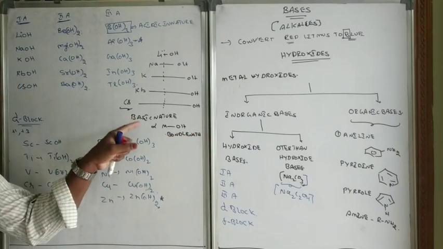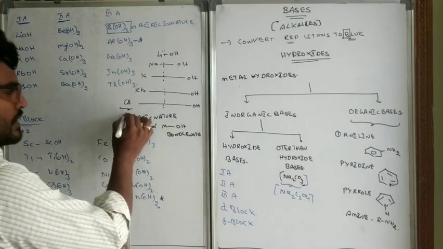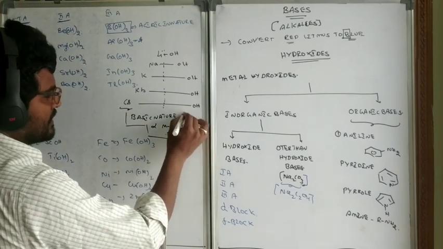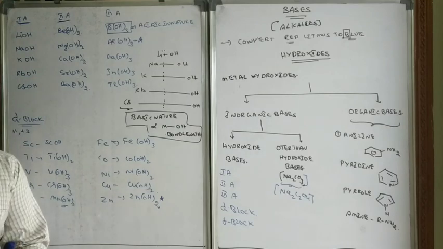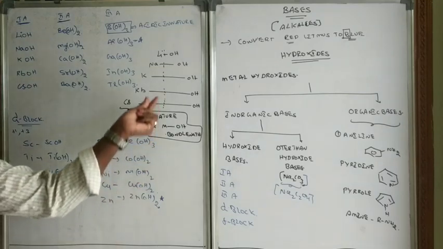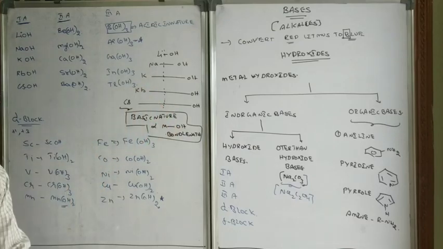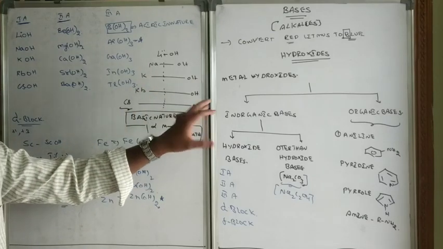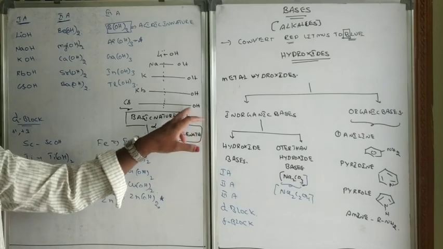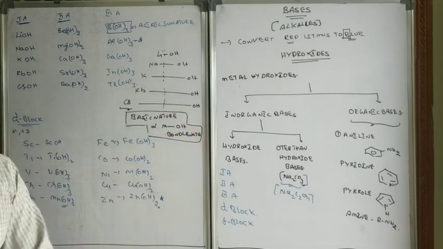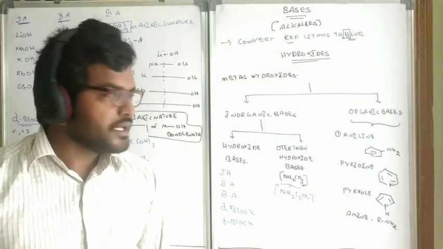Why is it directly proportional to the M-OH bond length? As the bond length increases, you can easily break the bond, so it can donate the OH group very easily, and hence it behaves as a base.